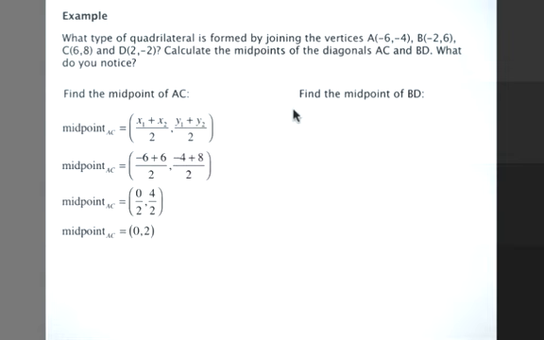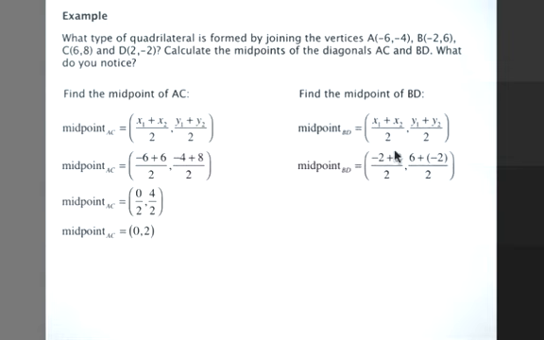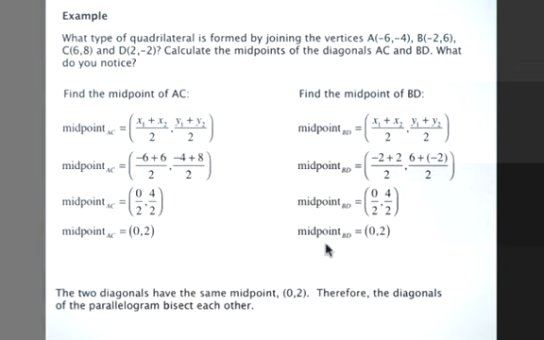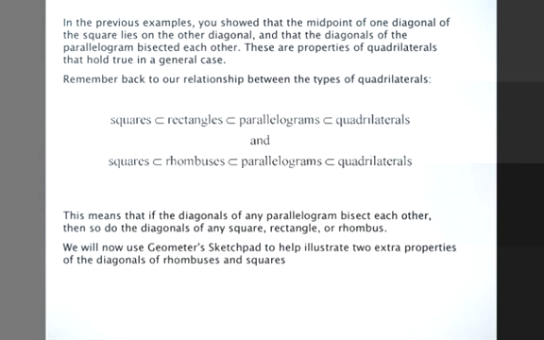Finding the midpoint of BD the same way, we write our formula, substitute in -2 plus 2 over 2, and 6 plus -2 over 2. Gives us 0 over 2, 4 over 2, which becomes 0, 2. So we see that the midpoints of AC and BD are the same. Therefore, we could say that the diagonals of the parallelogram bisect each other, since they meet at each other's midpoints.